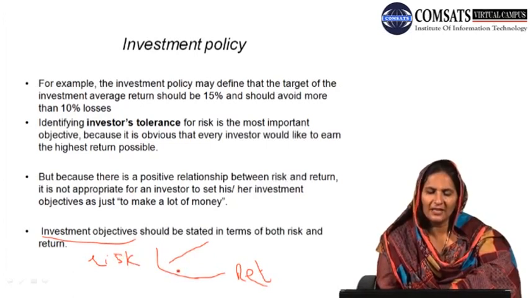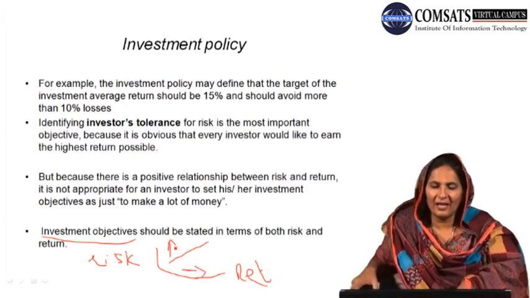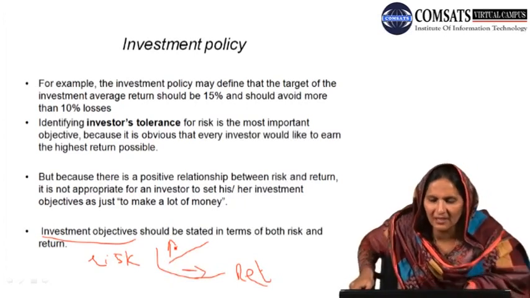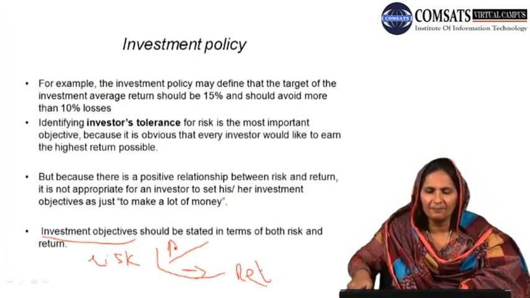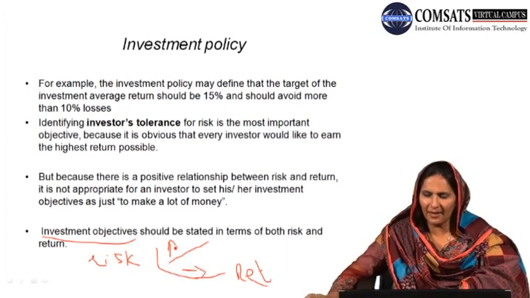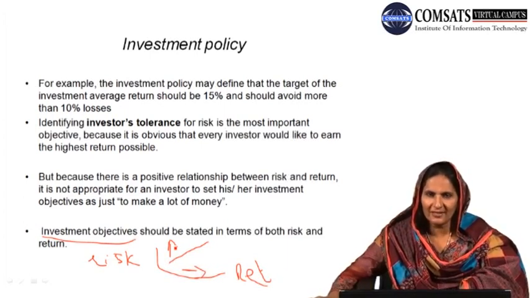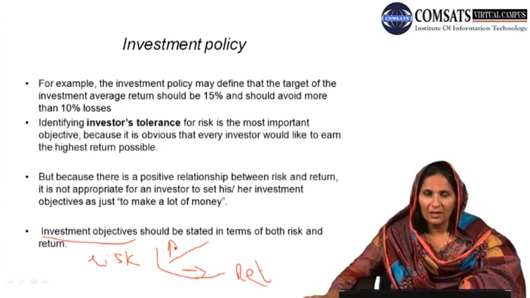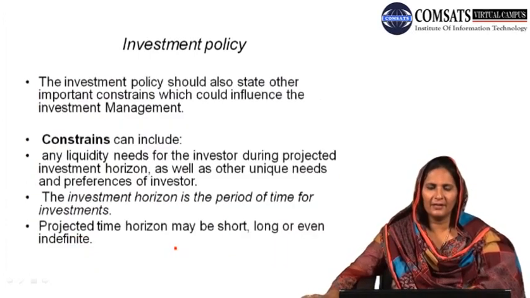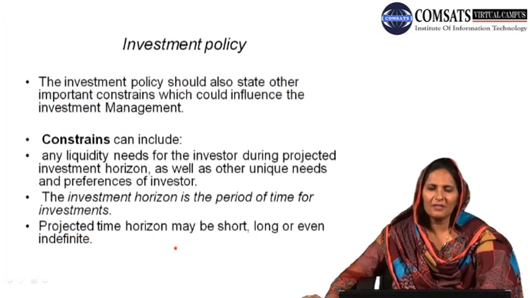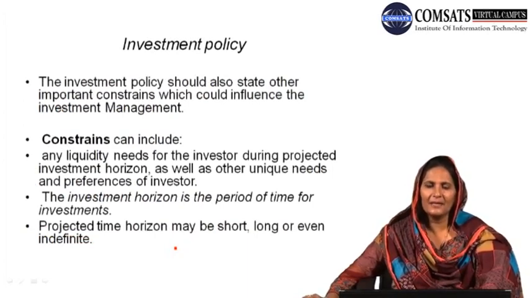Both will increase. When there is an increase in the level of return, there will be an increase in the level of risk as well. Investment objectives should be stated in terms of both risk and return at the same time. Therefore, we cannot avoid risk when we want to earn the maximum level of return. The investment policy should state other important constraints which could influence the investment management.